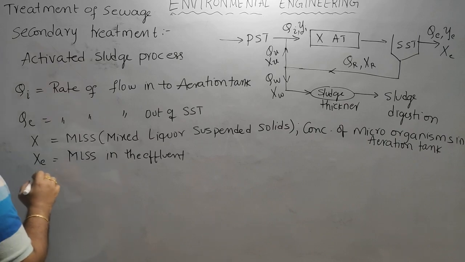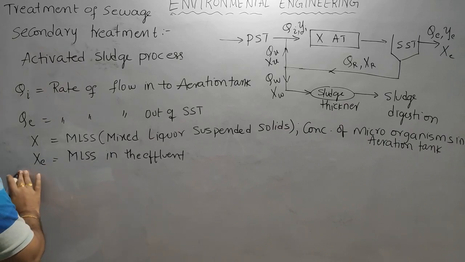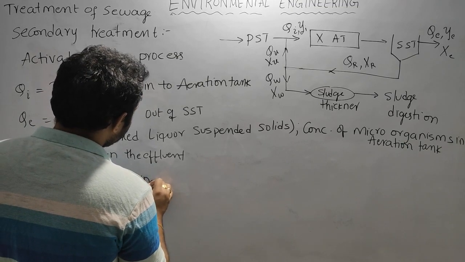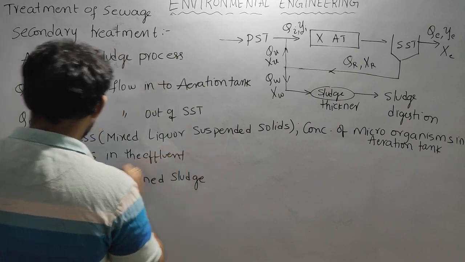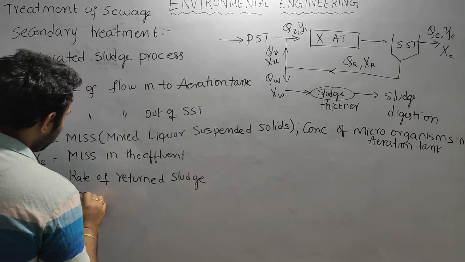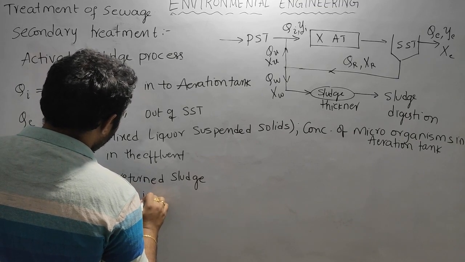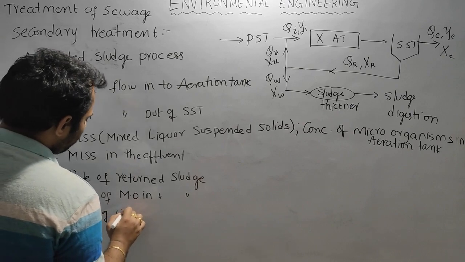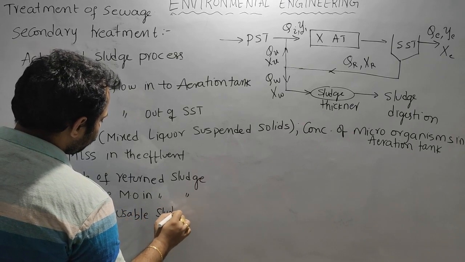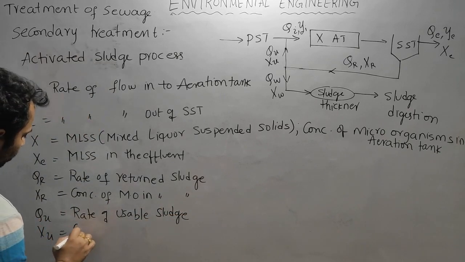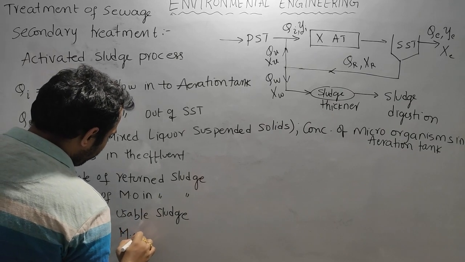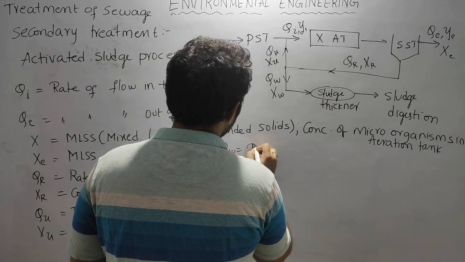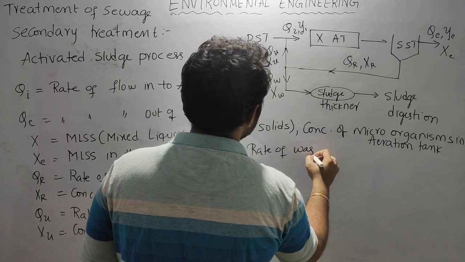And QR is the rate of returned sludge, XR is the concentration of microorganisms in returned sludge, QU is the rate of usable sludge, XU is the concentration of microorganisms in usable sludge, and QW is the rate of wasted sludge.